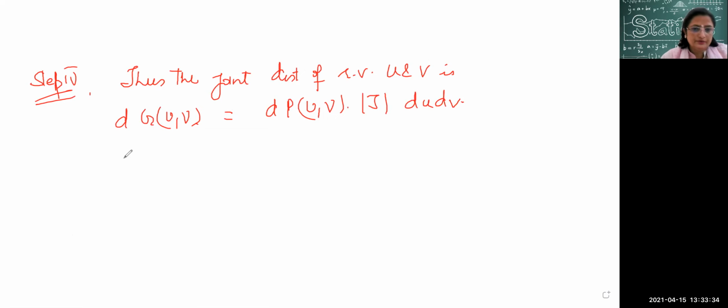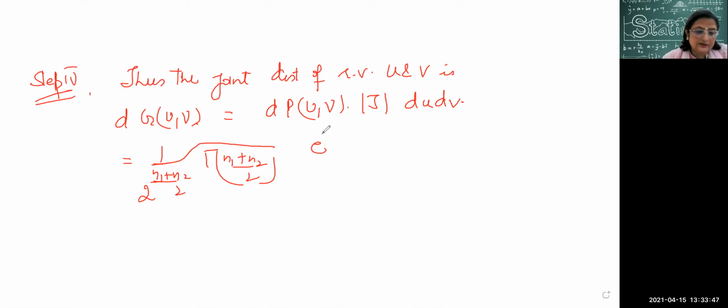So this is equal to 1 by 2 raised to power (n1 plus n2) by 2 into gamma of (n1 plus n2) by 2. This is in the denominator. Now e raised to power minus (x1 plus x2) by 2. So you will put the value, and after putting the value, what you will get? 1 plus u into v divided by 2. x1 is uv raised to power n1 by 2 minus 1.